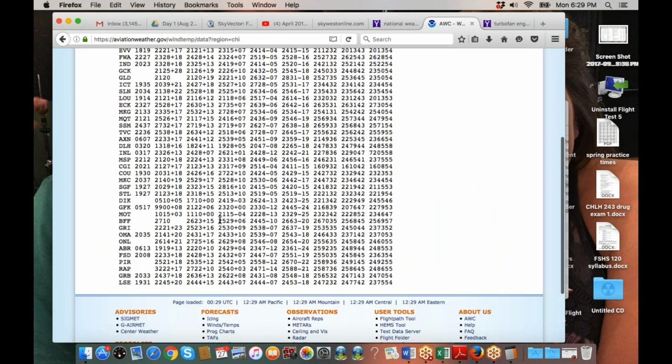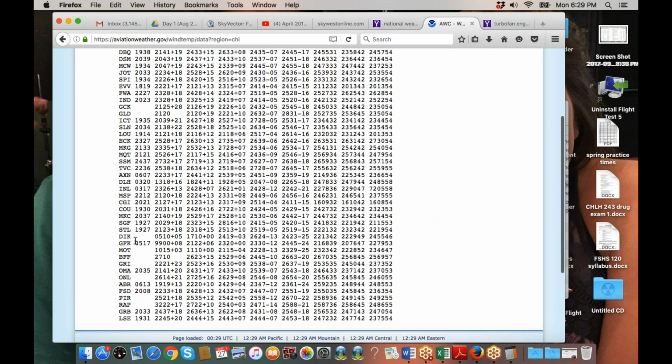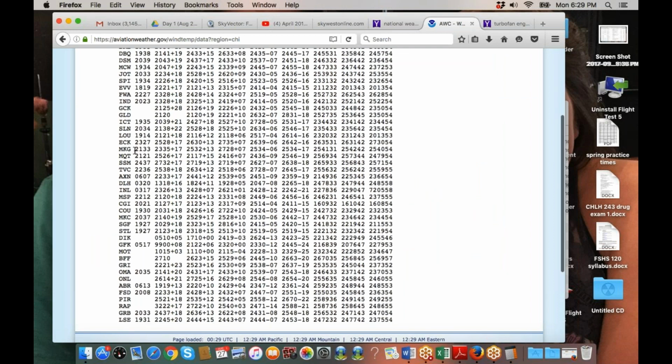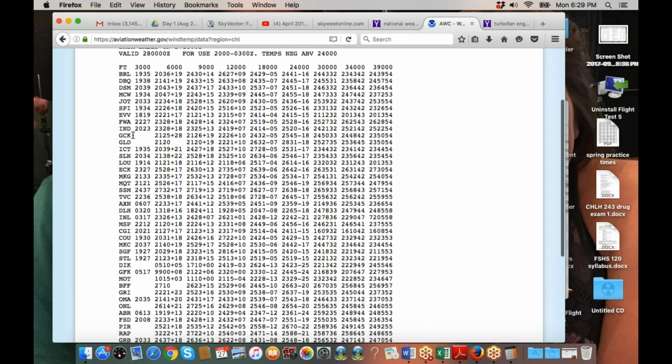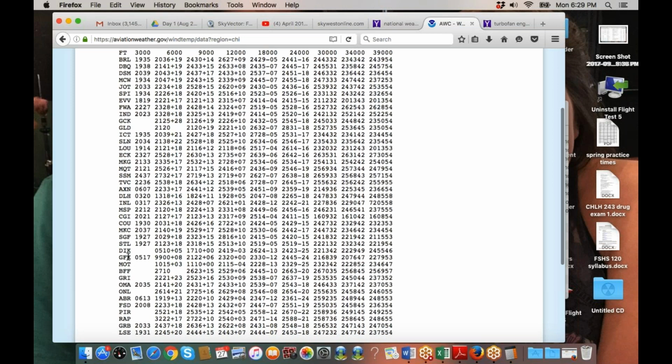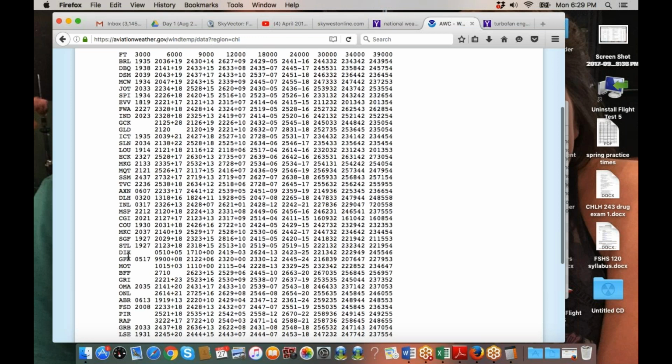So South Bend is right in the middle of those. Where is it? Am I blind? Does anyone else see it? What's the abbreviation for it? SBN. I would think it would be in here. We can use Indy. Indy's close enough.